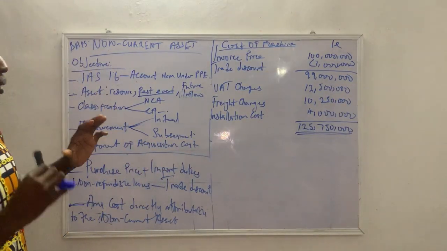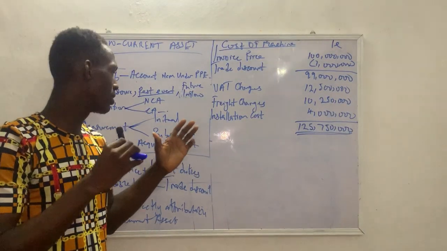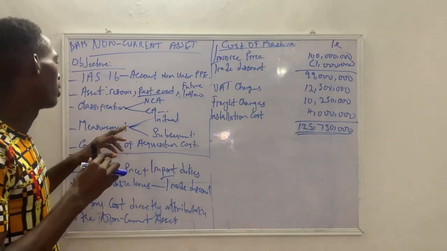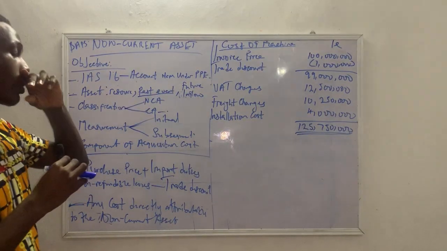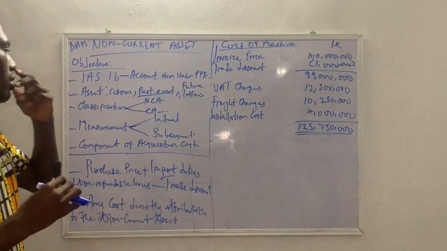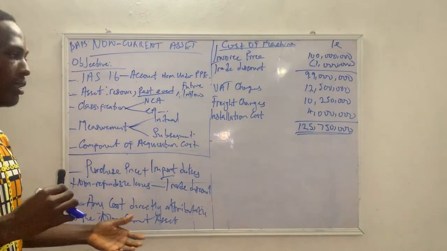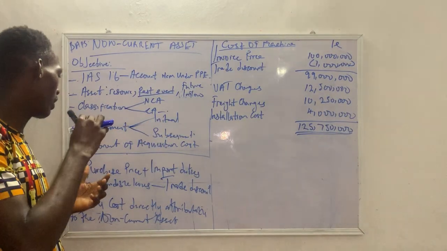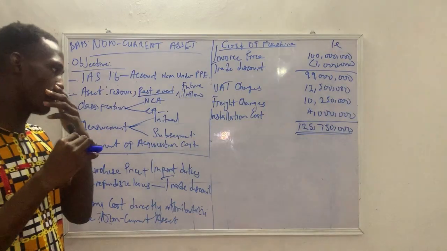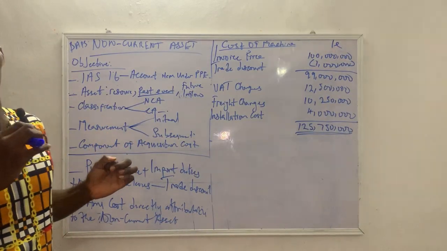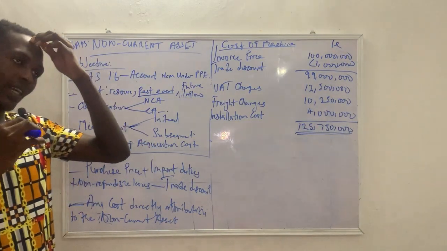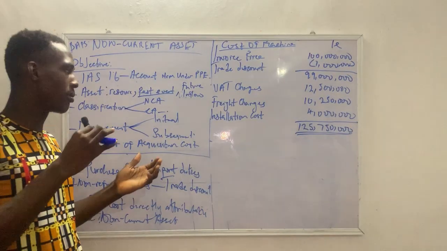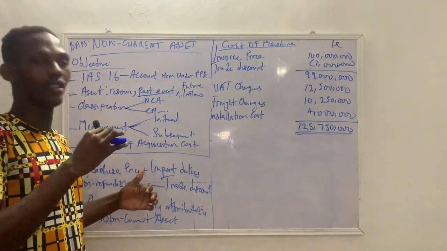Then after that, we also focus on measuring our non-current assets in subsequent years. This means initial year, this means subsequent year. So we teach you how to get all of that and understand it, and we'll be making use of ATSY insights. We'll relate it to more of your exam and how you can understand this properly.